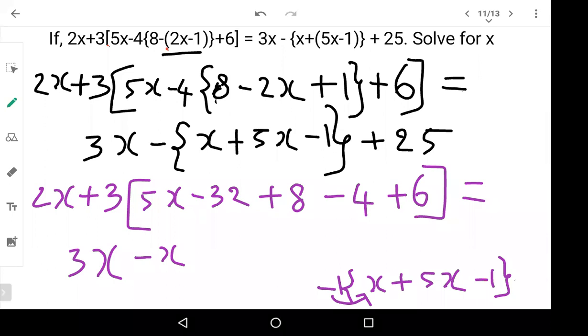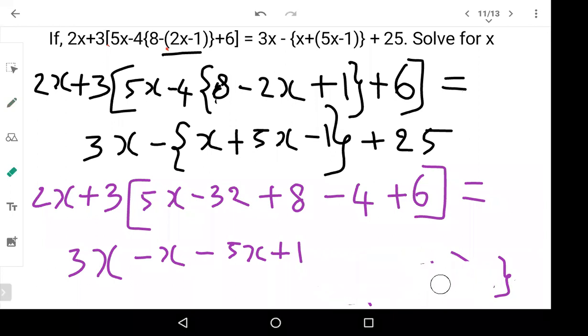Yes. Next, -1 into 5x. I can take it as -5x. Next, -1 into -1. -1 into -1 is +1. Very good. +1. Now, after all this, what else is remaining from the question?